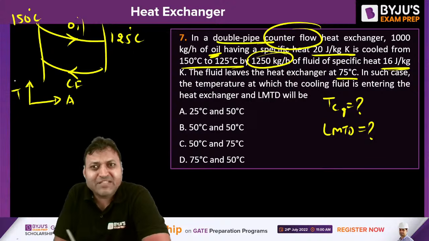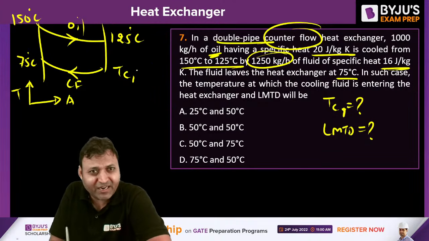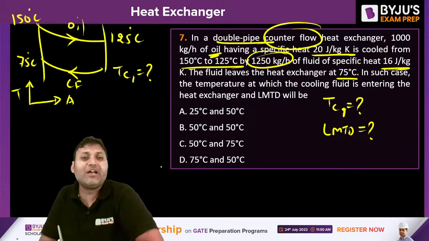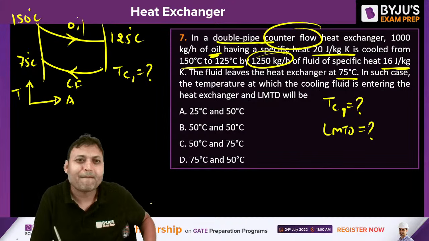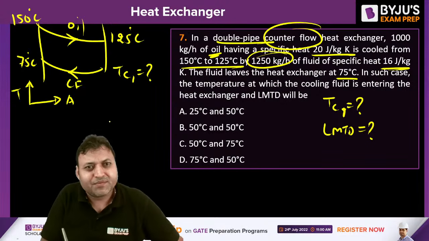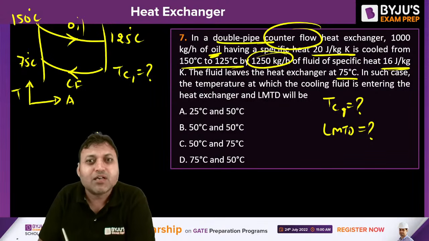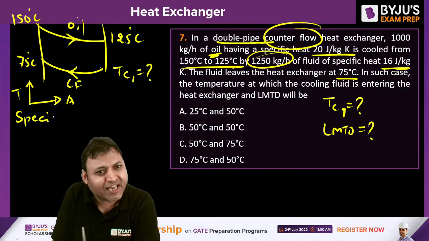The cold fluid leaves the heat exchanger at 75 degrees Celsius, right? So TC1 is unknown. Without knowing TC1, we cannot find out the LMTD. So we need to check whether it is a special case or not.